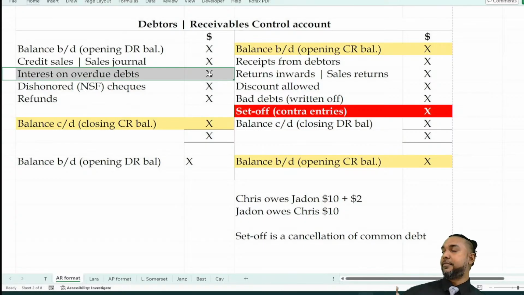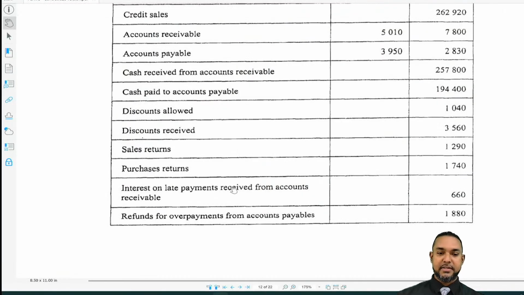For example, when I send your parents the invoice or the reminder for month end, that's me charging, and when I receive fees, that's your parents paying off the fees. So this item says interest on late payments received from accounts receivable, and the placement of the word received is what threw me.